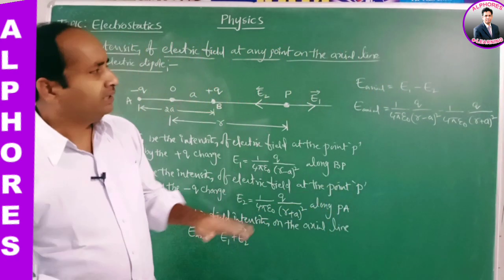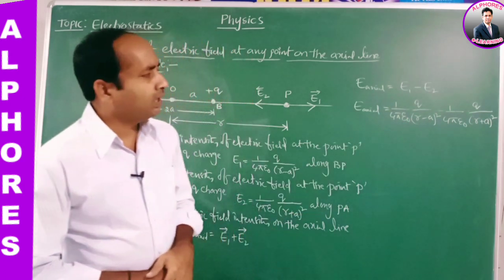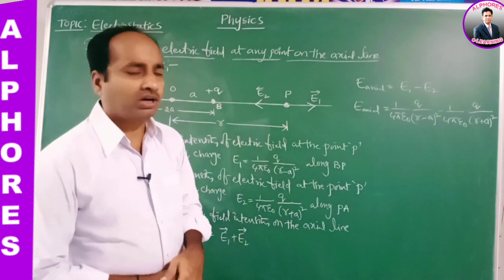In these two terms, q by 4 pi epsilon naught is common.